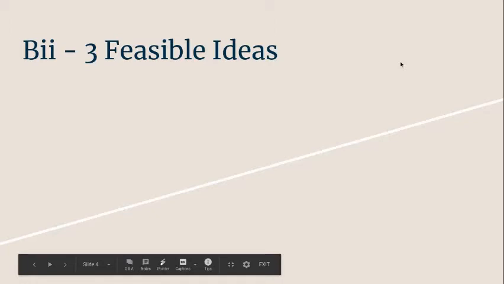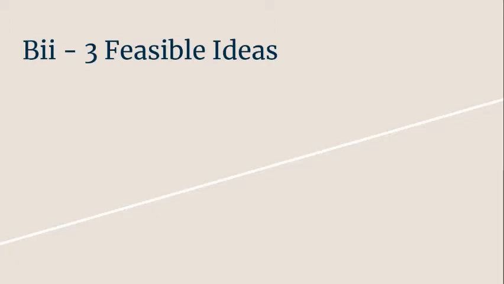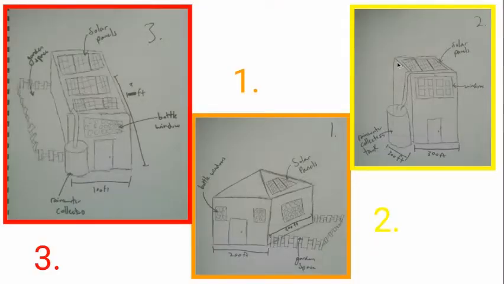Next is my strand B2, which are 3 feasible ideas that I made. So each of these plans are different designs that I could have gone with for my final product. So the first one is the biggest one out of the 3 houses, and it has a lot of windows.